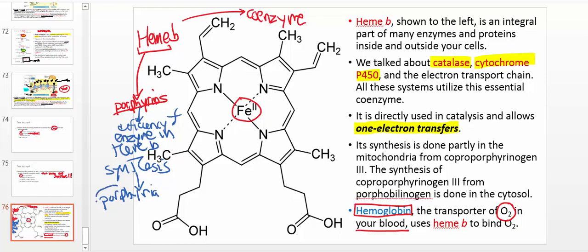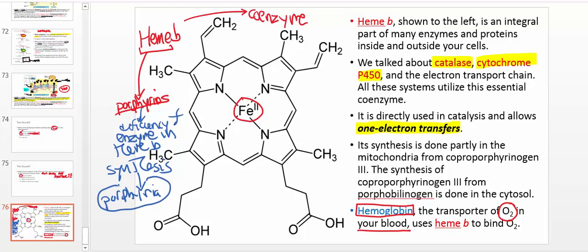And porphyrias are basically the origin of the vampire stories. So the story goes that there was a guy, kind of royalty, basically. A lot of times, when you have porphyrias, meaning a deficiency of enzyme in heme synthesis, you crave blood. So this guy couldn't be out in the sun, because when you have porphyrias, you have all sorts of skin problems and sensitivity to sunlight, so the best time to be out is when the sun goes down at night.